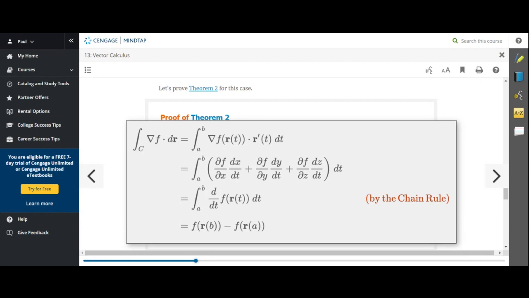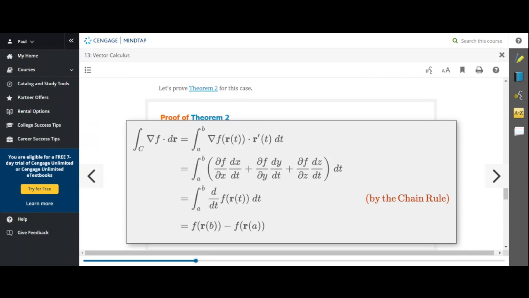But that can be expressed in the third line just as the derivative of f of r of t by the chain rule, which we just showed. Well, on the third line, you have an integral with respect to t of a derivative of a function of t. So the integral and the derivative cancel each other out. They're inverse operations.